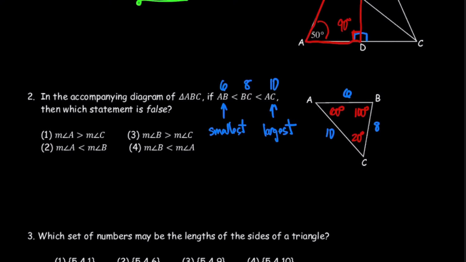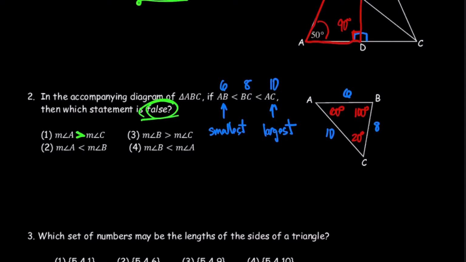So now, let's see which one of these statements is false. That's important. We're looking for the false. Is the measure of angle A greater than the measure of angle C? Is A greater than C? There's A, there's C. Yeah, that's true. So since that's true, I don't want that one.